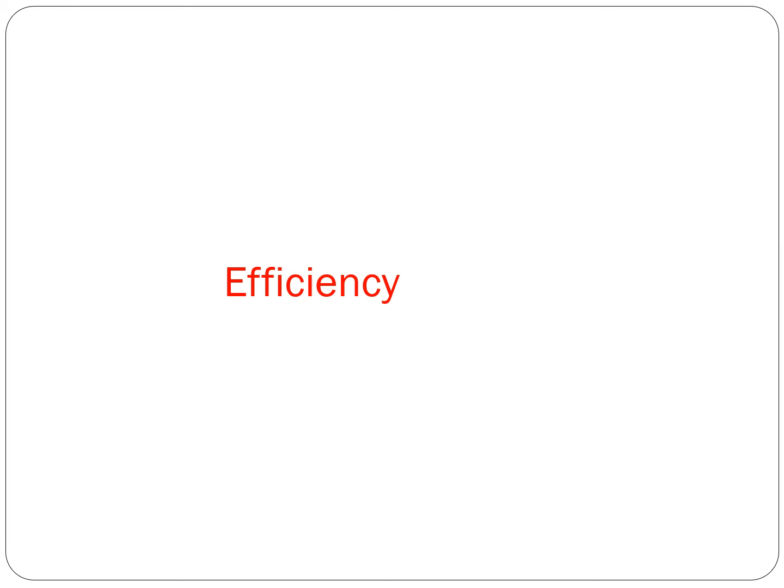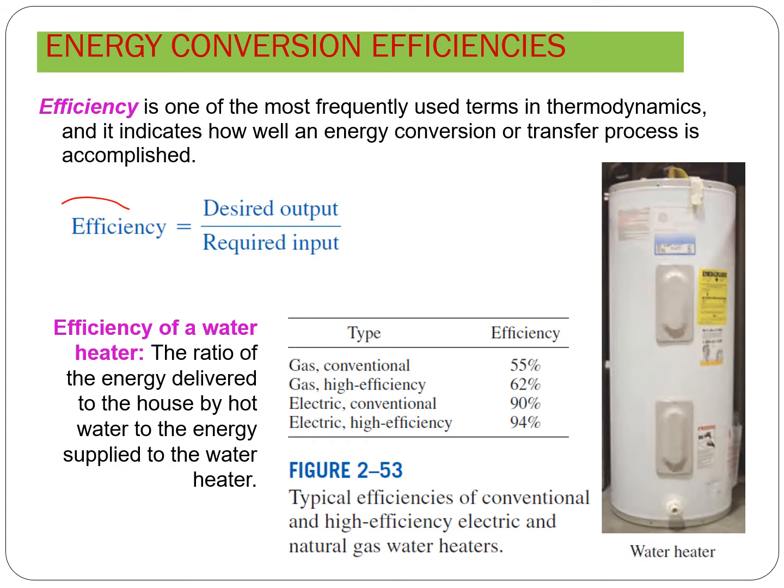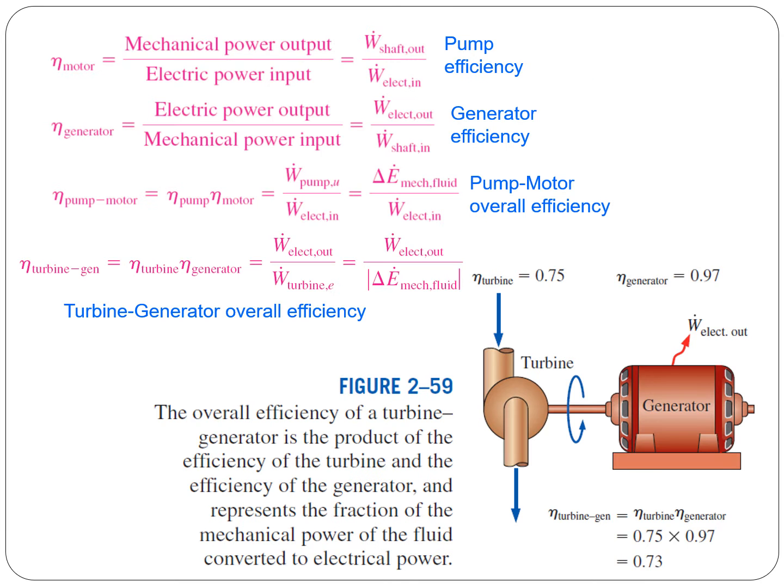Efficiency, sometimes the efficiency of some of the machines could be asked. Always, efficiency is how much your desired output is divided by how much is the input. You can find the efficiency for different types of machines. For a motor, the output is shaft output, and then input is electrical input.